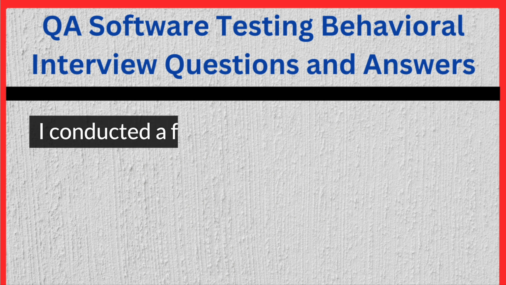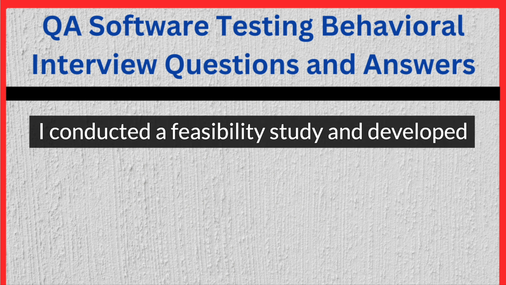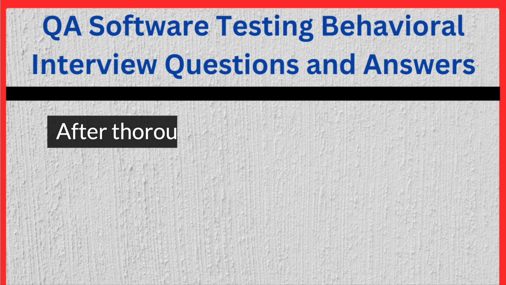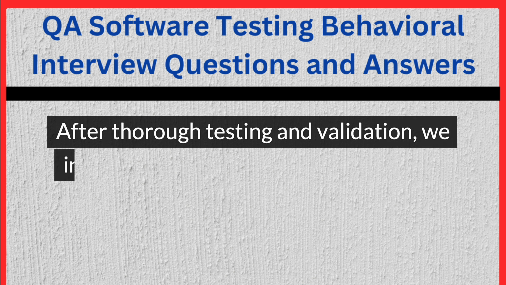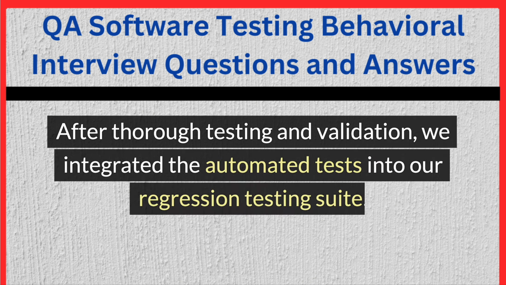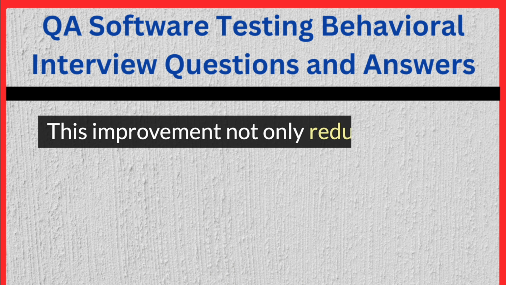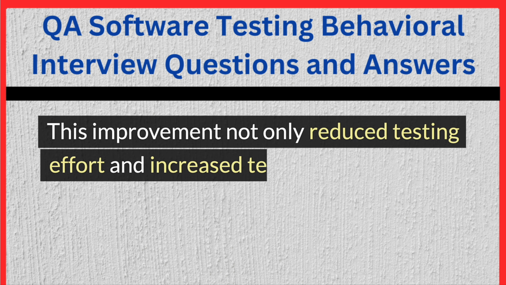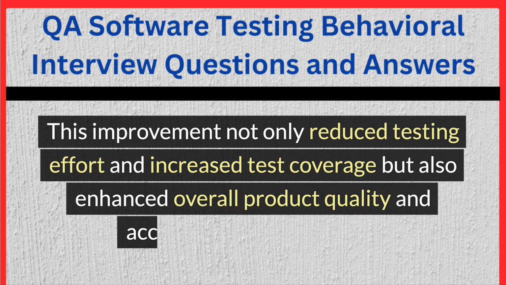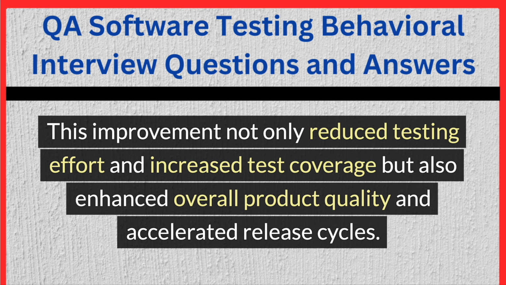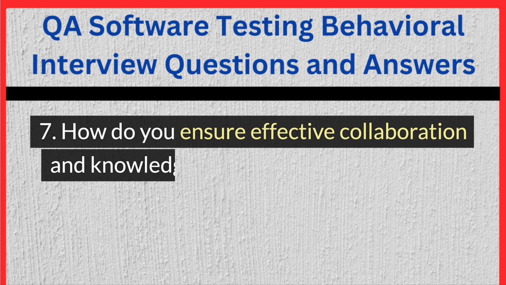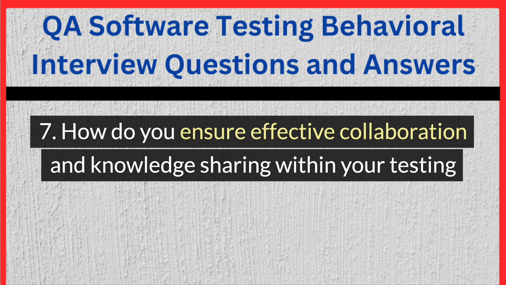I conducted a feasibility study and developed automated test scripts using appropriate tools. After thorough testing and validation, we integrated the automated tests into our regression testing suite. This improvement not only reduced testing effort and increased test coverage but also enhanced overall product quality and accelerated release cycles.